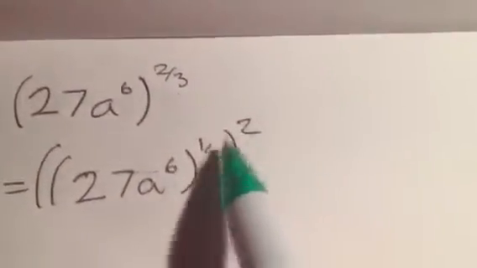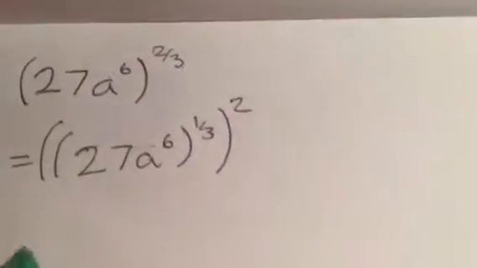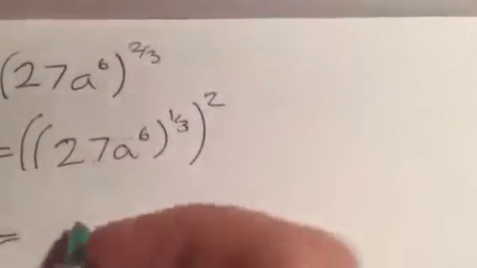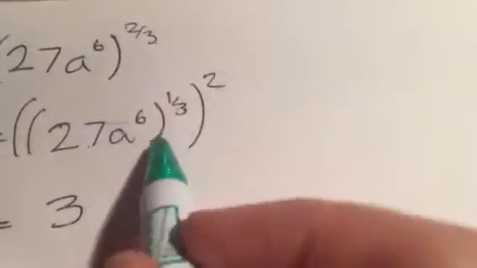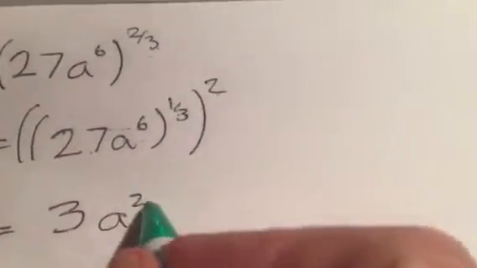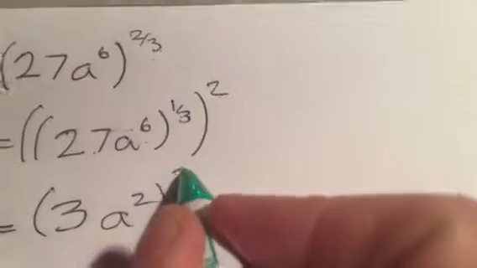A third times 2 gives you 2/3. So 27 to the third is 3. a to the 6 to the third is a squared. So you end up with 3a squared, all squared. So that gives you 9a, 2 times 2 is 4, 9a to the 4.